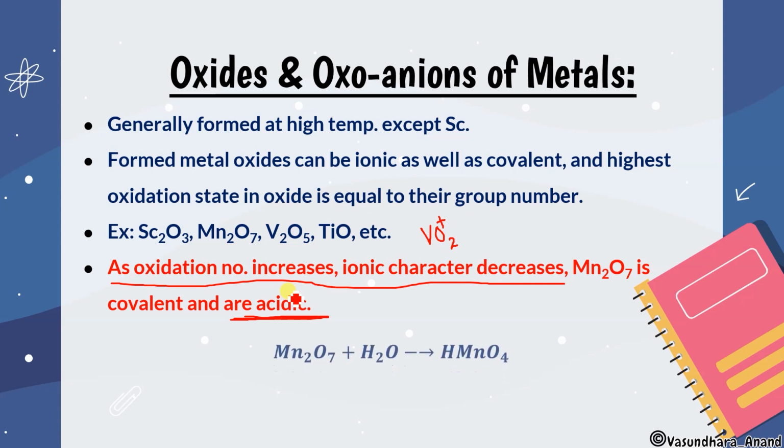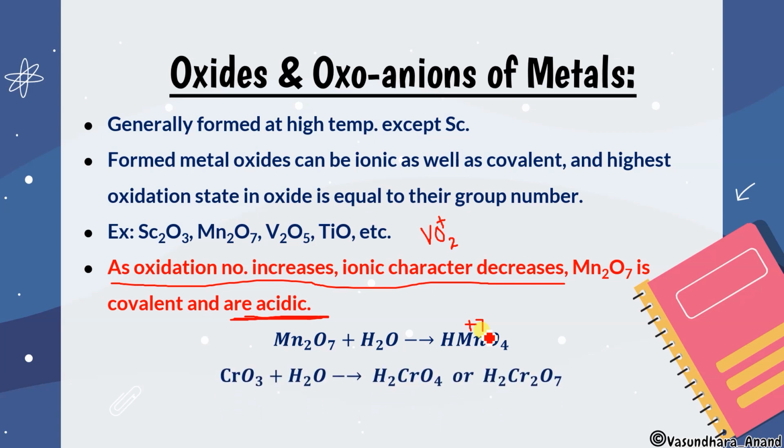Okay. For example, Mn2O7, when it reacts with water, when hydrolyzed, gives HMnO4, that means plus 7 state here, and this becomes acidic because it loses H plus and shows acidic nature. Similarly, CrO3 plus H2O, when it reacts, gives you H2CrO4 or H2Cr2O7, where the oxidation state is plus 6, the maximum one.